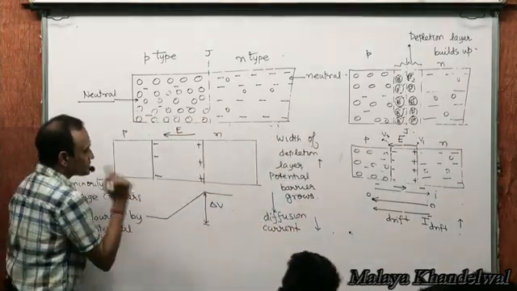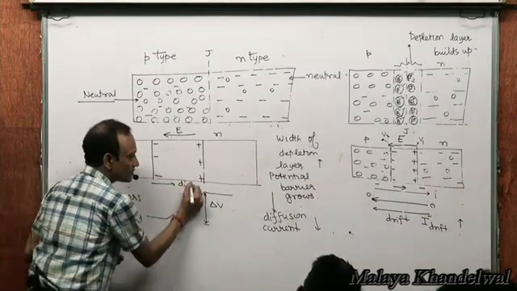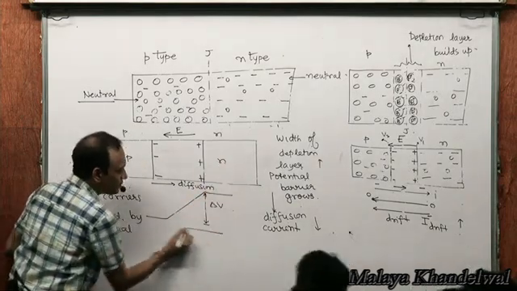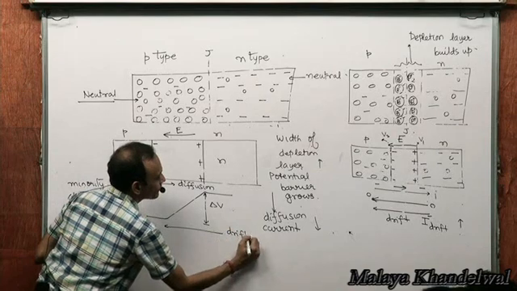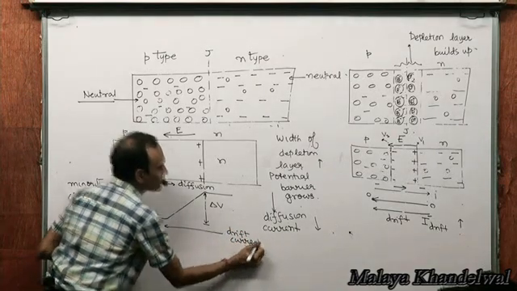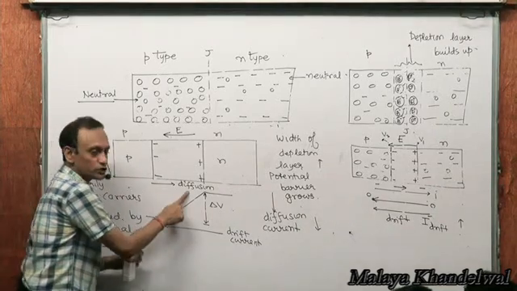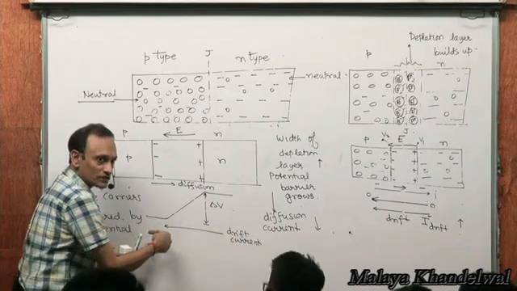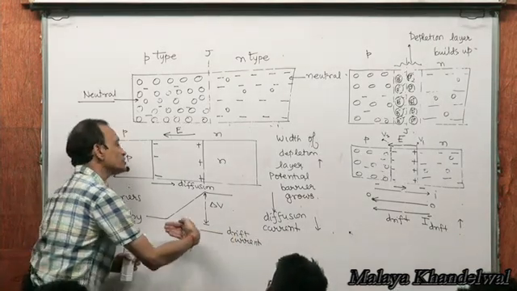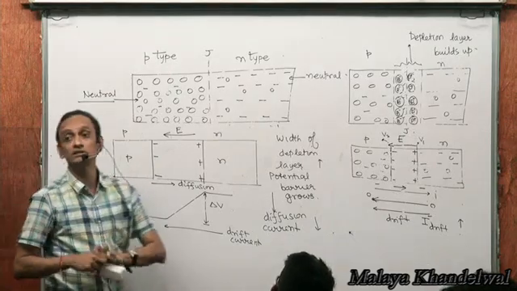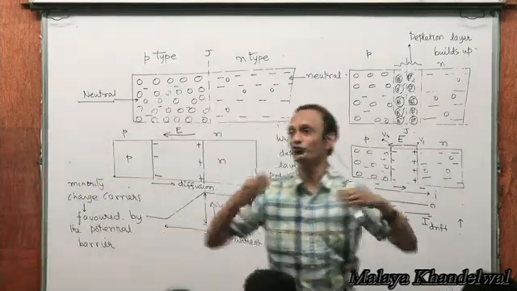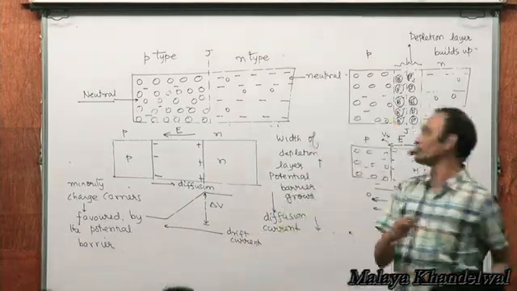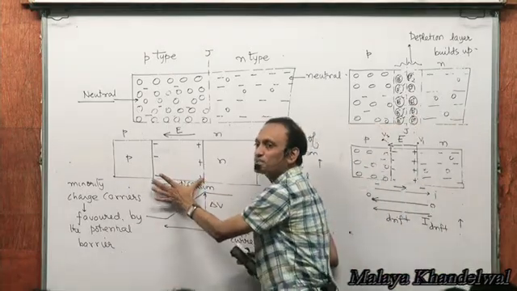And do you see that diffusion current is from P to N, whereas drift current is from N to P. Diffusion current decreases with the growth of this hill, and drift current increases with the growth of this hill. Yes or no? Eventually, what would happen is that they would balance each other and there would be no further flow of charge across this barrier.